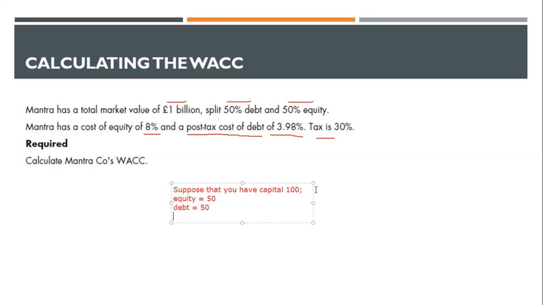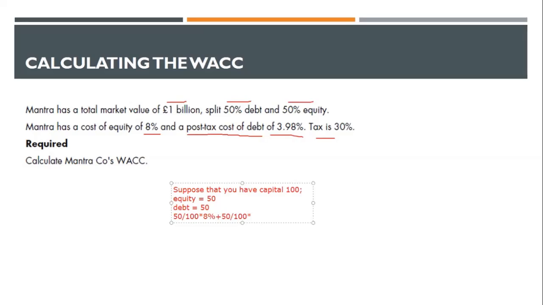So 50 divided by 100, multiplied by 8%, plus 50 divided by 100, this is debt, multiplied by the cost of debt.